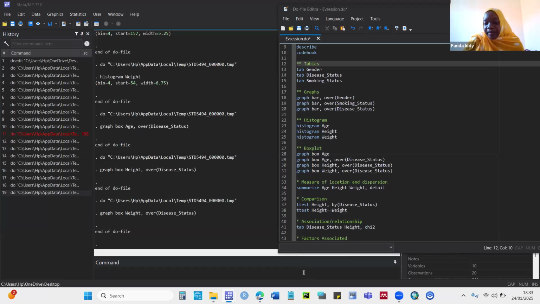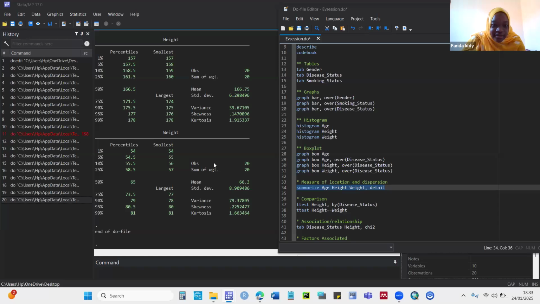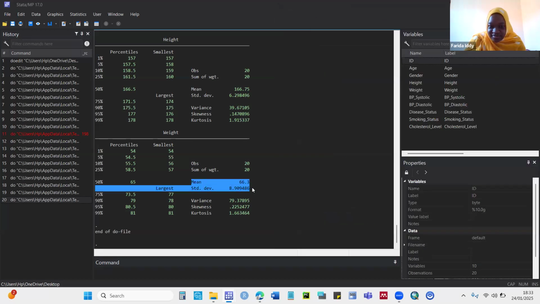So to get the mean and standard deviation, if you want to present a mean, you can just use this code. Then I'll just pick weight. So we have weight here, and then you have percentiles, smallest values and largest values, but our interest is this one, because we want to see the mean and standard deviation.